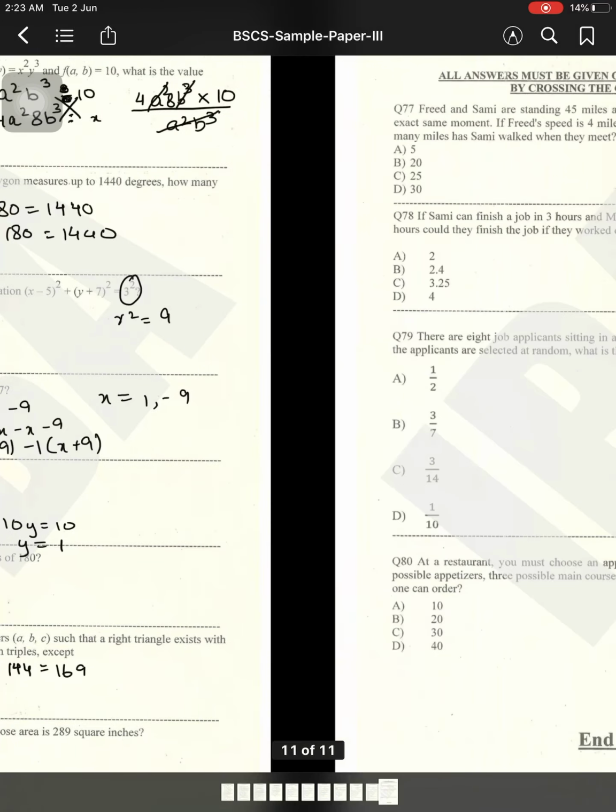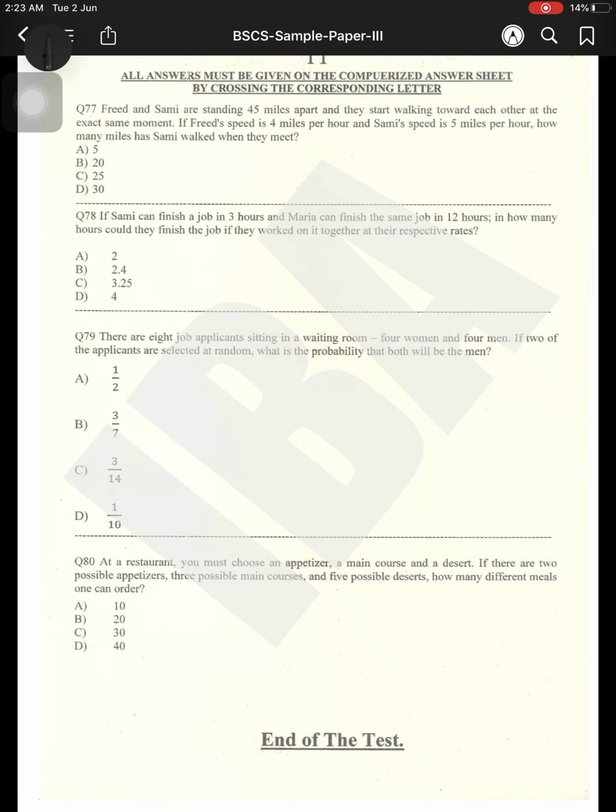This will give me 289 under root. Okay, so C is the answer.